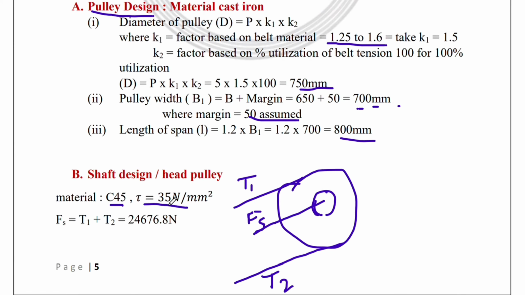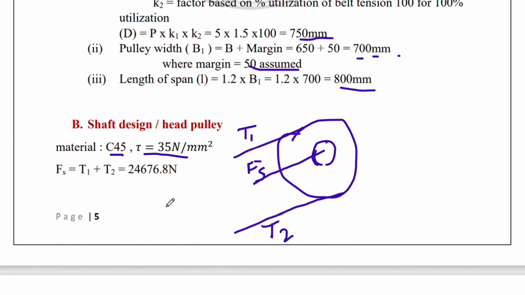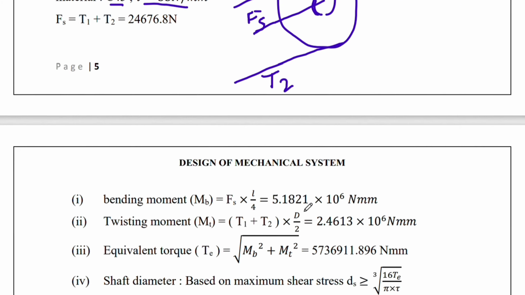Add them, we get Fs, which is 24,676.8 Newton. This diagram is for head pulley, and for tail pulley it will be the reverse. In tail pulley I will show you.